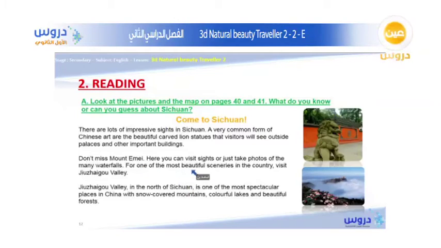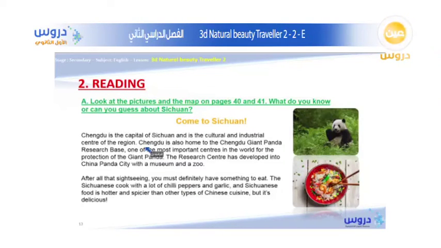For one of the most beautiful sceneries in the country, visit Jiuzhaigou Valley. Jiuzhaigou Valley in the north of Sichuan is one of the most spectacular places in China, with snow-covered mountains, colorful lakes, and beautiful forests.